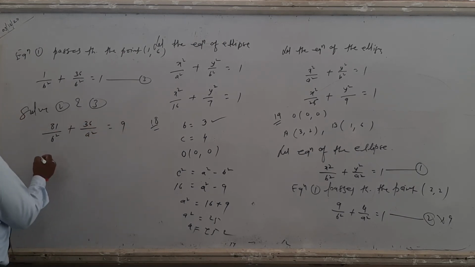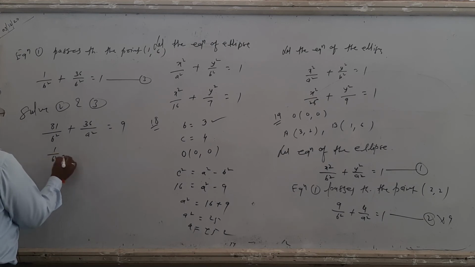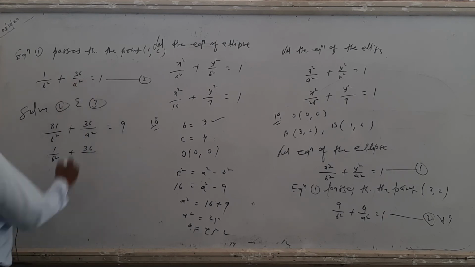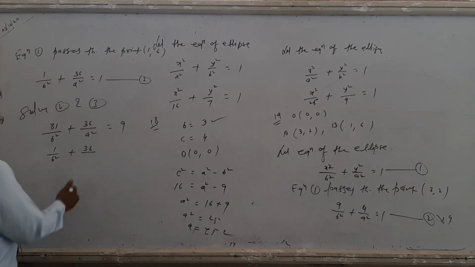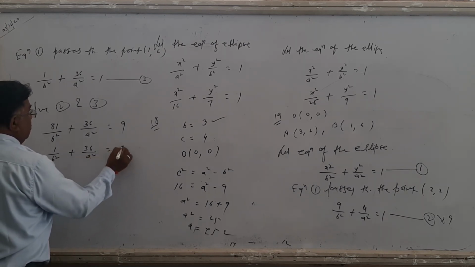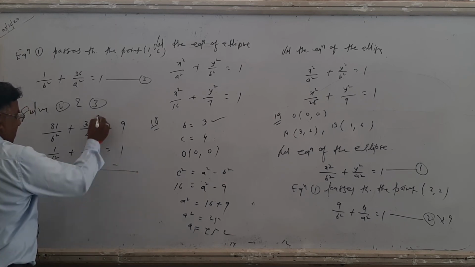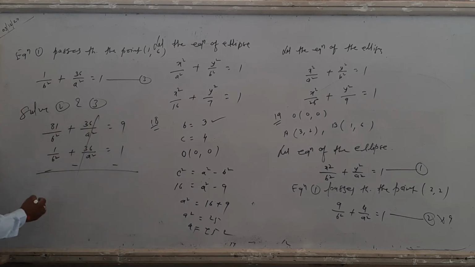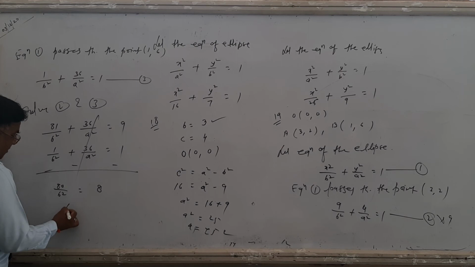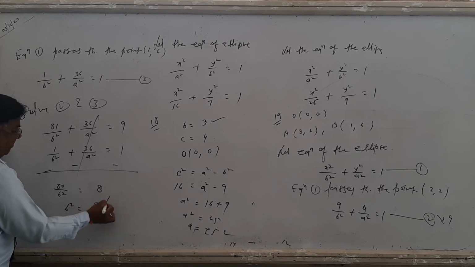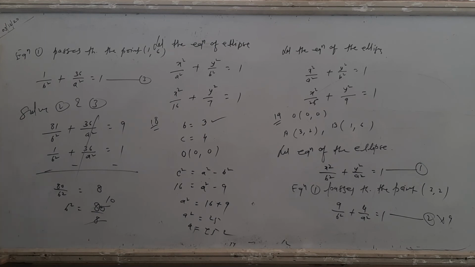And the third equation is 1 upon b square plus 36 upon a square equals to 1. Now subtract, sign change, these are cancelled. 81 minus 1, that is 80 upon b square equals to 9 minus 1 is 8. Then b square equals to 80 upon 8. That means b square equals to 10.